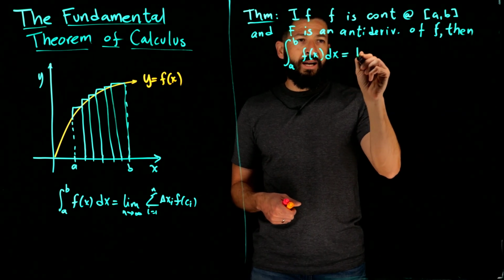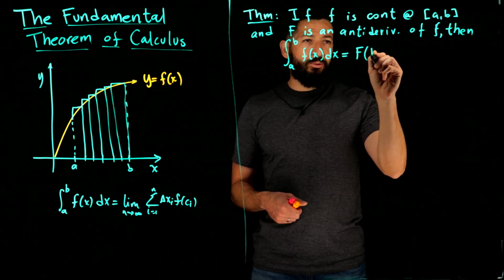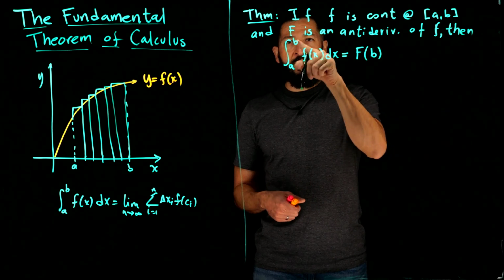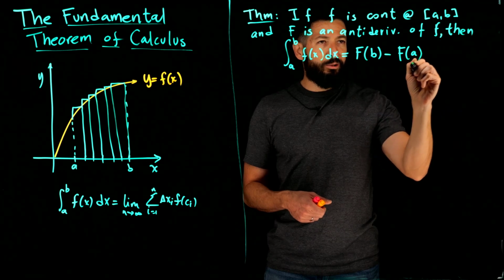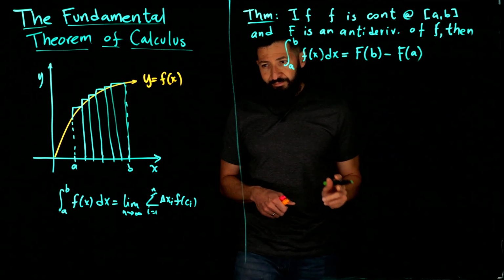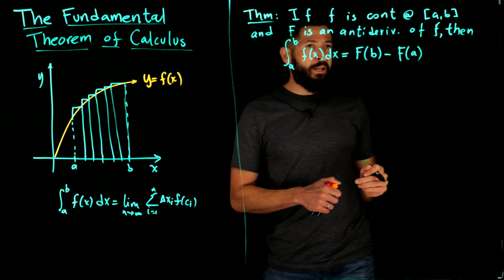You can use your antiderivative to compute it by evaluating F at b, and then evaluating F at a and subtracting those quantities. So this is way, way easier to use.